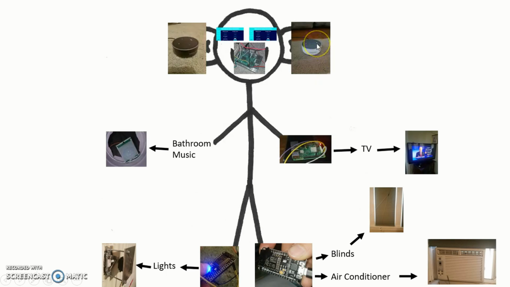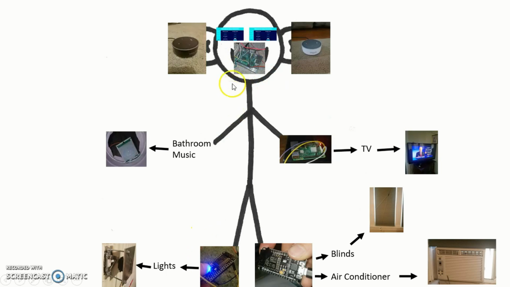So the TV. If the Echo hears something about the TV commands, it reports to the brain, and then the brain, using MQTT, sends commands to the Raspberry Pi, and then this Raspberry Pi knows what to do to turn the TV on, to turn the TV off, to change the source, to change the channel, etc.